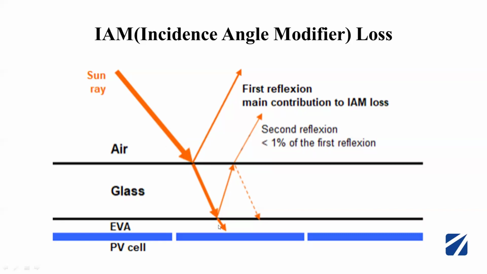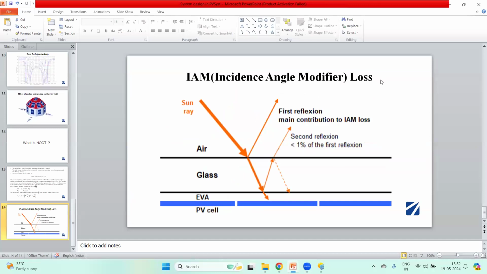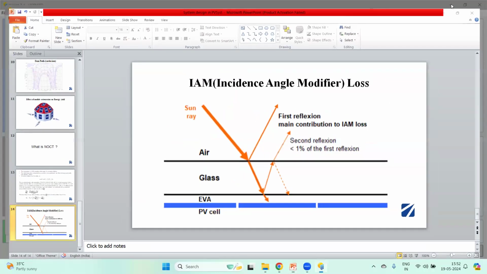The same angle will not be maintained from the time it finally reaches the PV cell. Some angle will get deformed. So that contributes to the IAM loss. So this is called IAM loss.